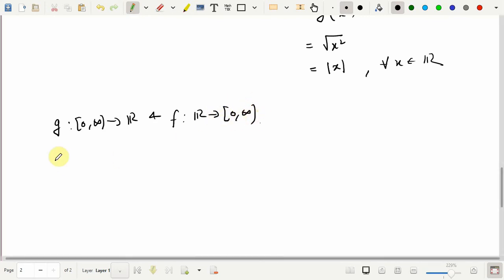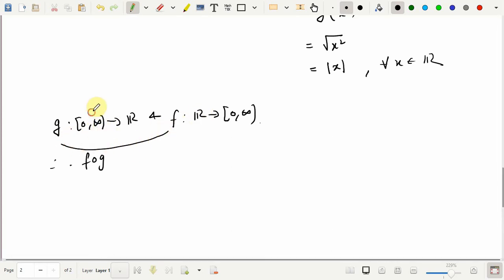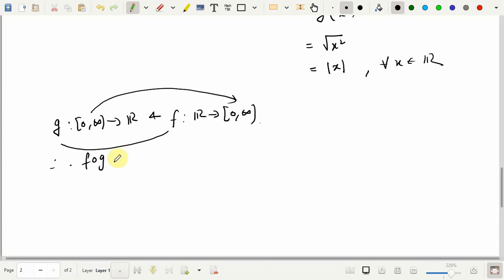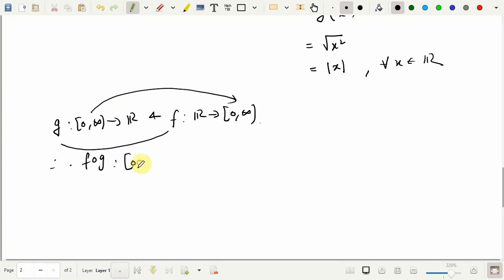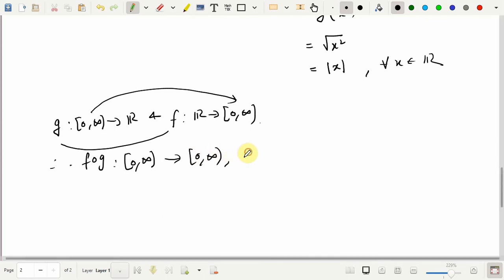So therefore f composite g, here first thing you note down is that the codomain of g is same as the domain of f, and in fact the range of this g would be definitely contained in this set R, the domain of f, and therefore we can define f composite g, and f composite g is going to be a function from 0 comma infinity to 0 comma infinity.